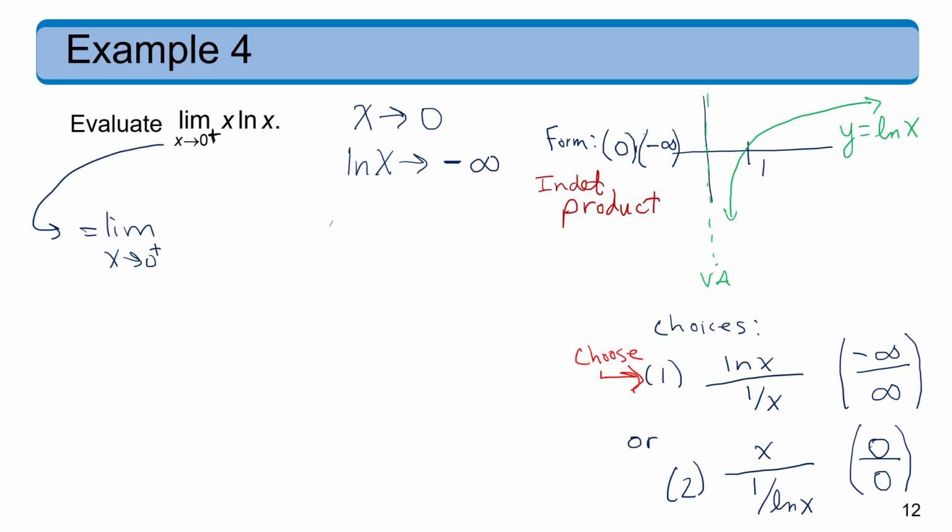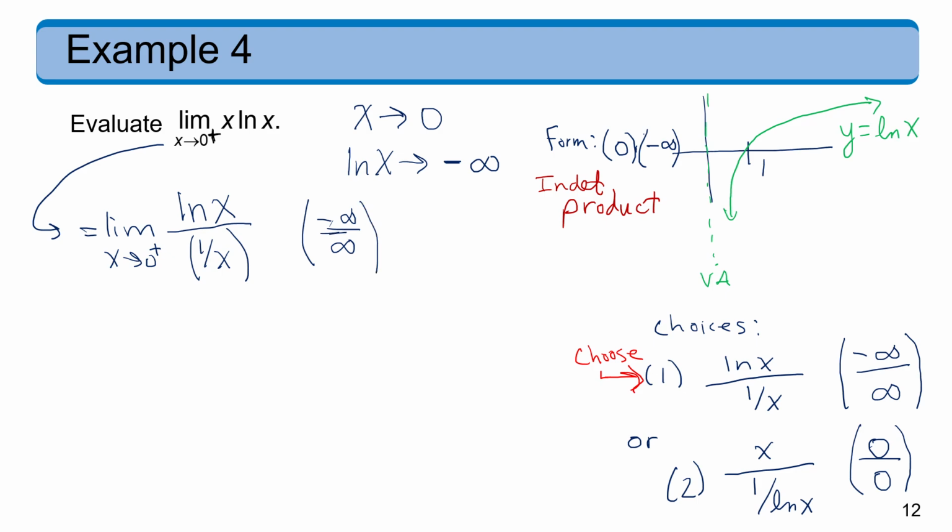So back to where we left off, we're going to now rewrite our limit of our function by making our function in choice 1 form. Okay, and we just discussed this is the form negative infinity over infinity. So we know we can use L'Hopital's rule on this.